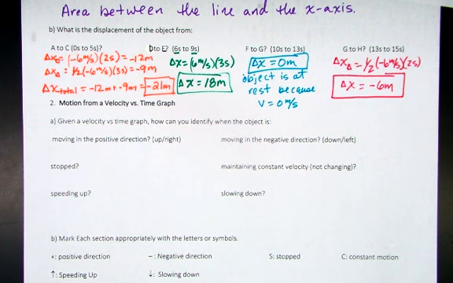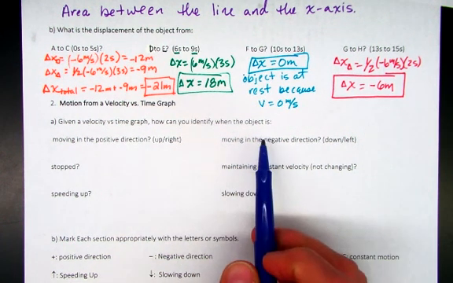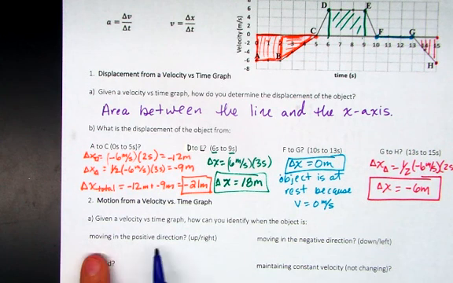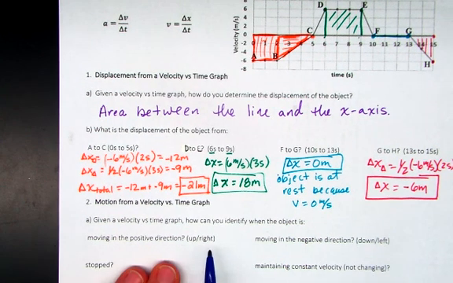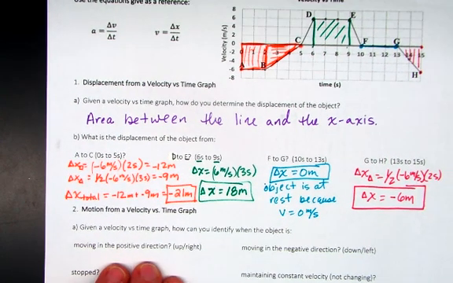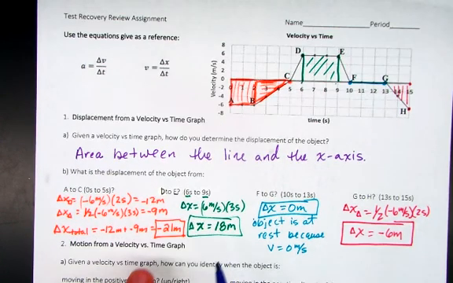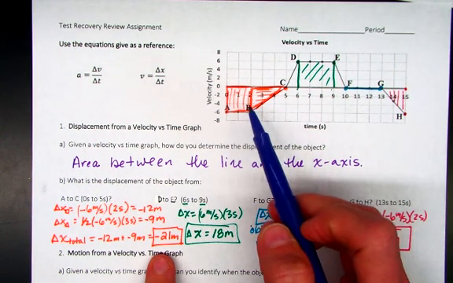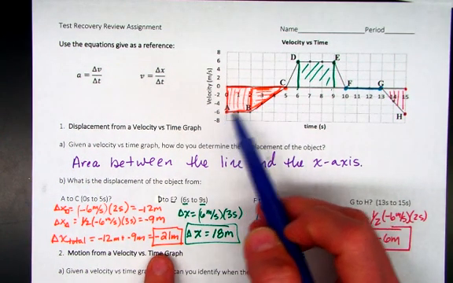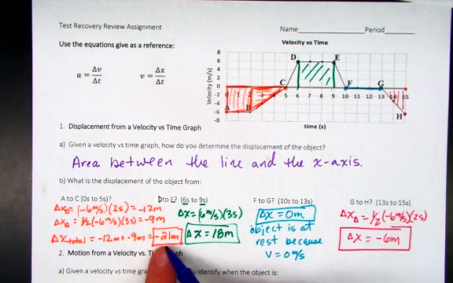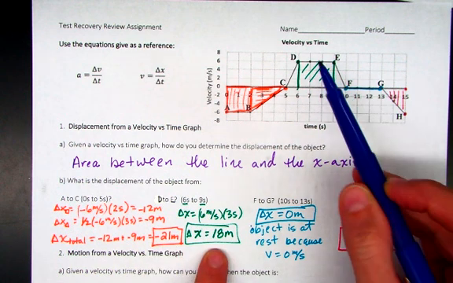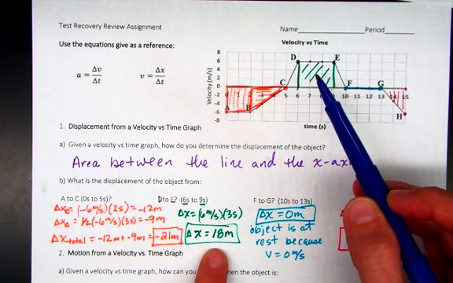So for this one, it says, given the velocity versus time graph, how can you identify when the object is moving in the positive direction? Okay. Now, if I were to take a look at my displacement, notice from 0 to 5, my displacement was in the negative direction. But notice here, my displacement was in the positive direction, okay?